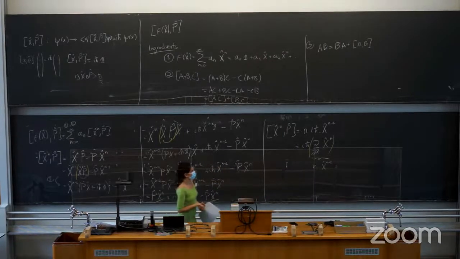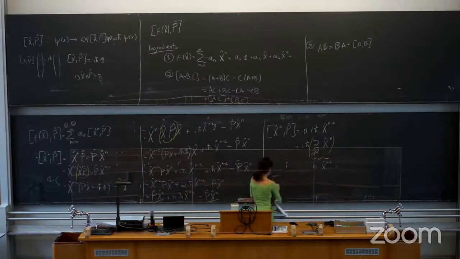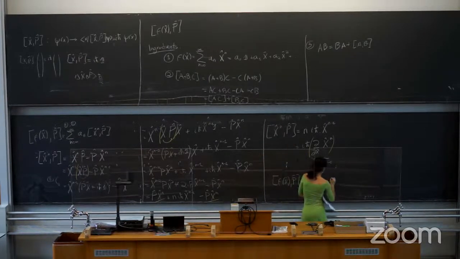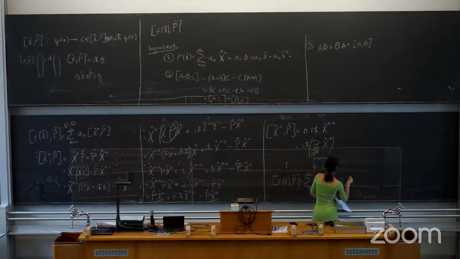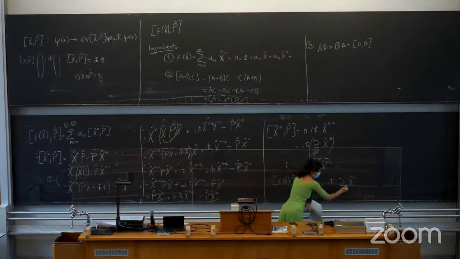And now if we put it together, and this is the last thing we'll do, we want to put it together here. So we have f of x and p. This is the sum over n of a_n, and now the commutator that we just computed, i h bar d/dx of x^n. This is the derivative with respect to this big matrix.